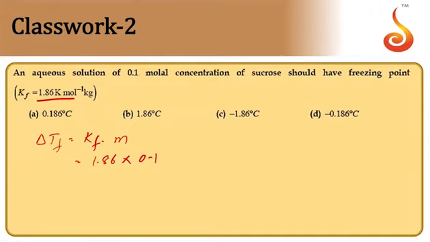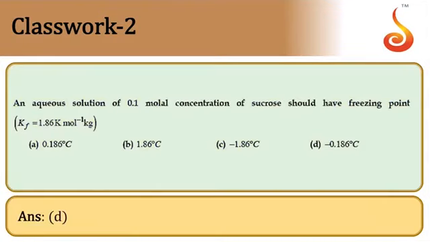That implies delta Tf is equal to 0.186. Now the freezing point of solution will be 0.186 less than 0, means minus 0.186. So D is the answer, minus 0.186.